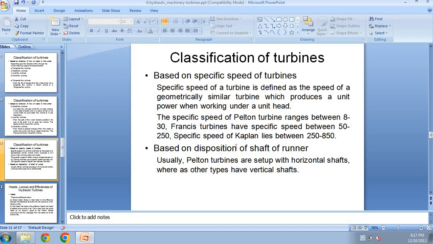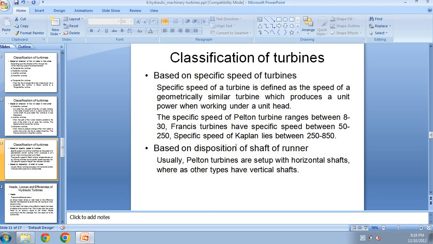For the Francis turbine it is between 50 to 250, and for the Kaplan turbine it is between 250 to 850.